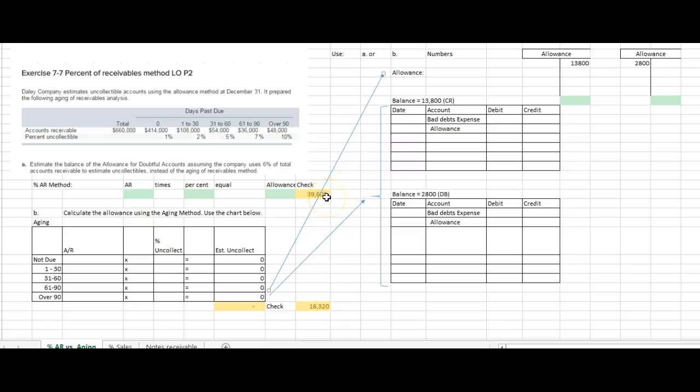Now, if we do it the aging method, where we're going to take each one of these due dates, past due, and multiply it by a percent to find out what's going to be uncollectible, then you're going to have a different number. So all you'll have to do is take this 414, I'll show you, and put in 1% here.